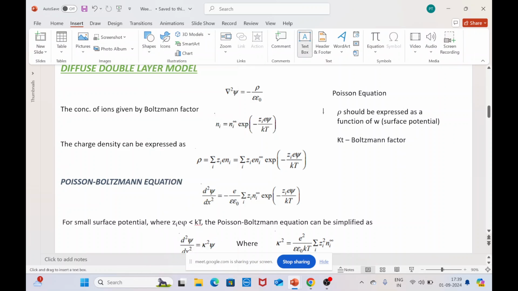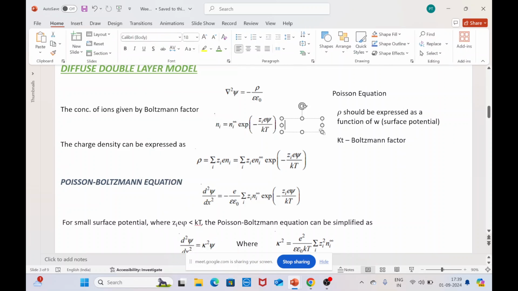Let's keep this as equation 2. You are just going to substitute equation 2 in this expression, and this is what you get.